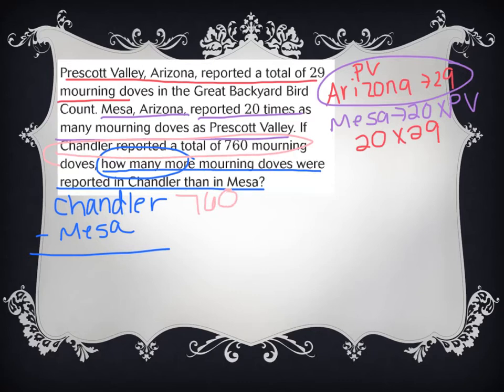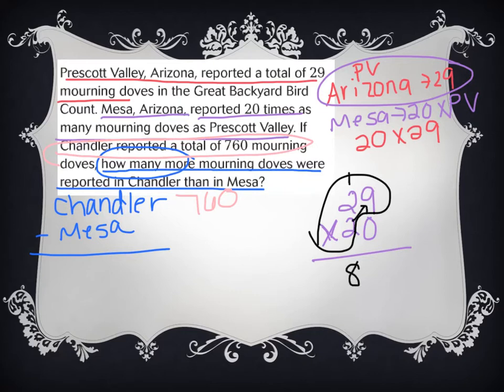Now I'm going to solve the mourning doves in Mesa. 29 times 20. I'm going to solve this problem using my multiplying 10 strategy and solve 2 times 29 and then add the 0 to my answer. 2 times 9 is 18. 2 times 2 is 4, and 1 more is 5.